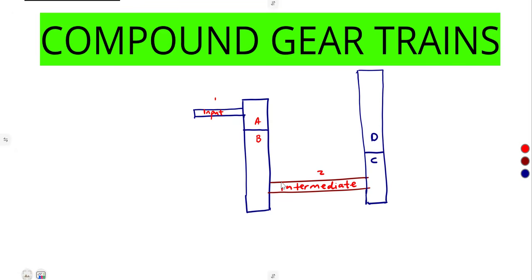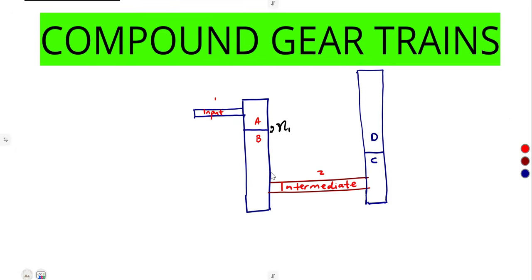More than one gear on a single shaft: we have B and C. So the intermediate will be the second shaft, then gear C to gear D, like that. Efficiencies can be calculated or determined, and these efficiencies will be taken between gears.